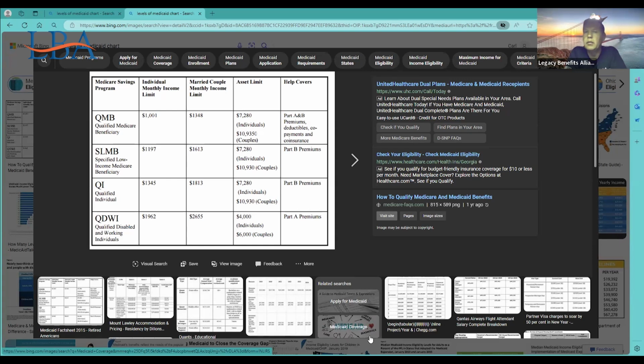QMB says right there, helps cover deductibles, co-payments, and co-insurances, right? So if you put them on that plan, they're still not going to have co-payments or co-insurances, right? So there's nothing wrong with putting them onto a PPO plan.